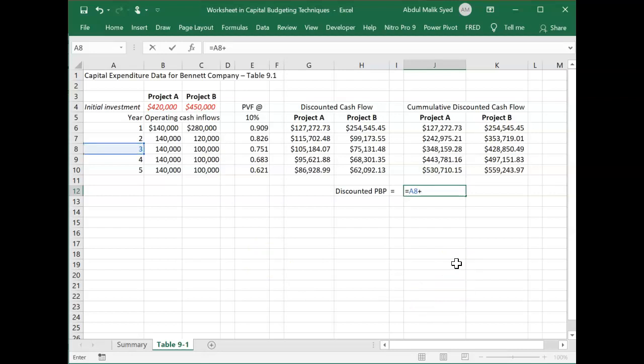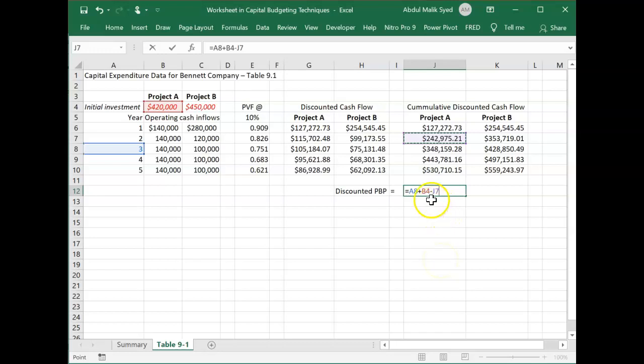A fraction of a year we have done in the case of the payback period earlier. How we did, we have taken the cost of the project minus how much money we have received until the second year, right?